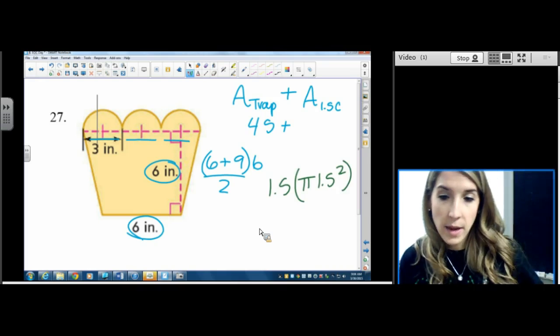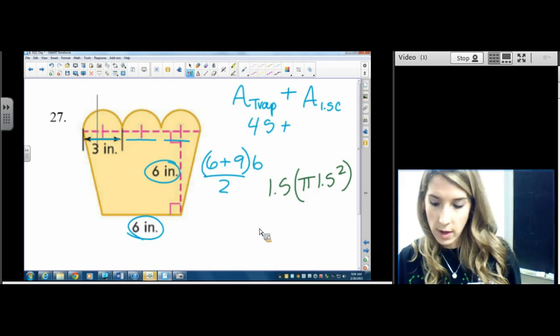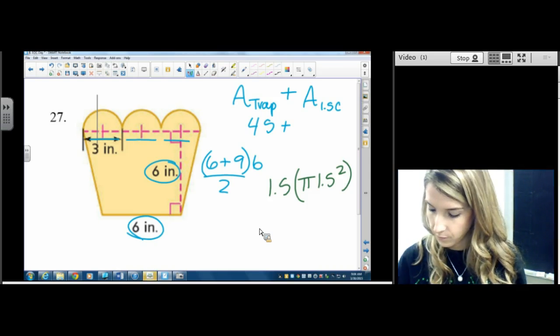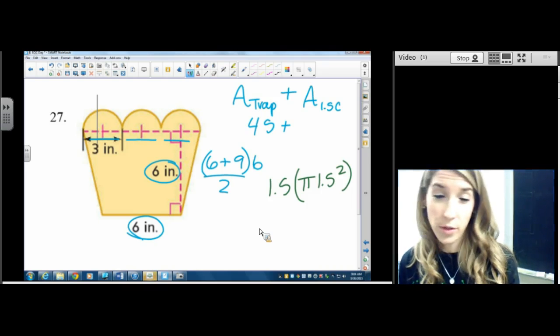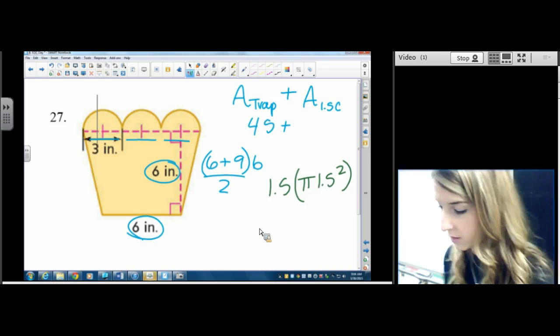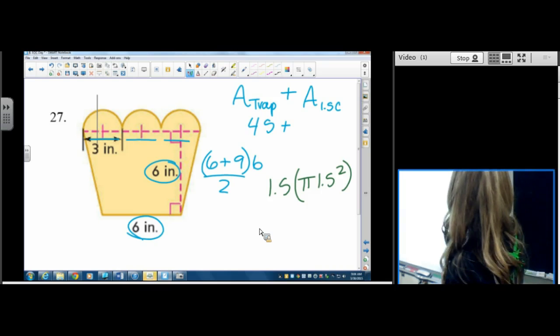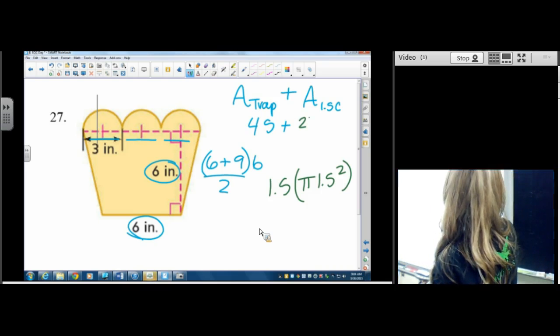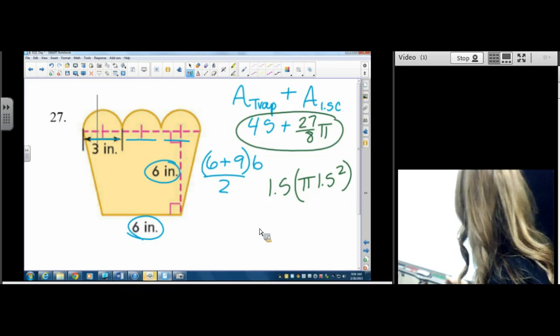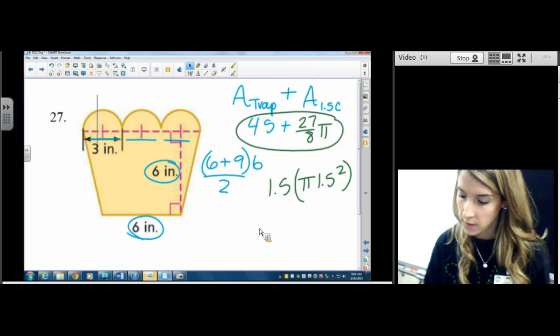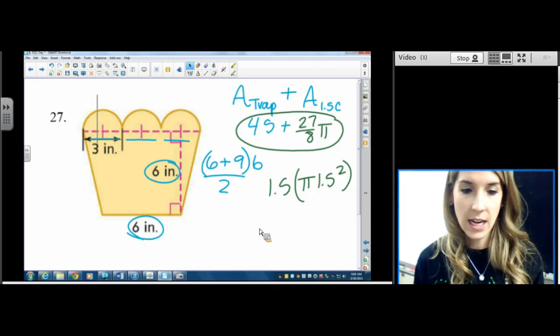You could also use 3/2 instead of 1.5 if you want. You're going to get 27/8 or 3.375. I don't care which one, but on my answers I have 27/8. That was ugly, sorry. This one we're adding because we're not taking anything away.